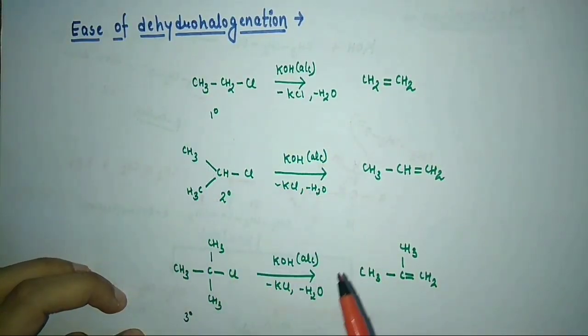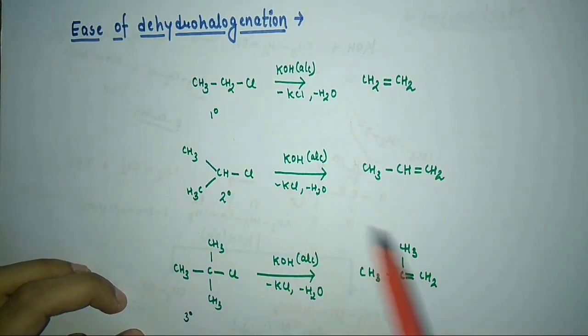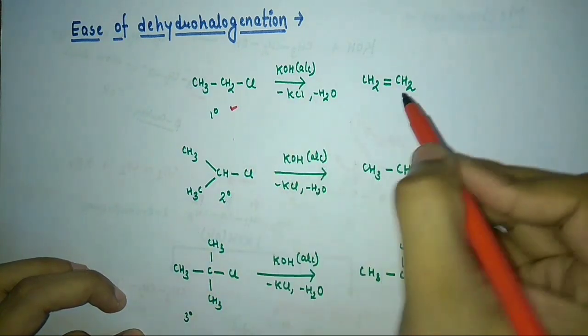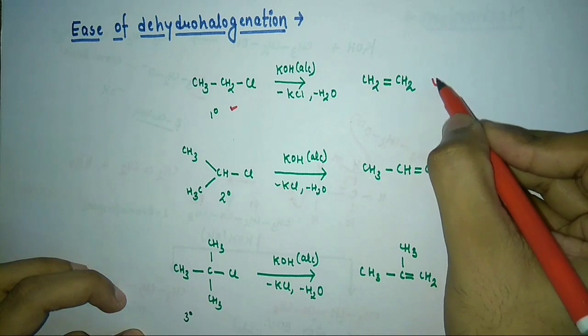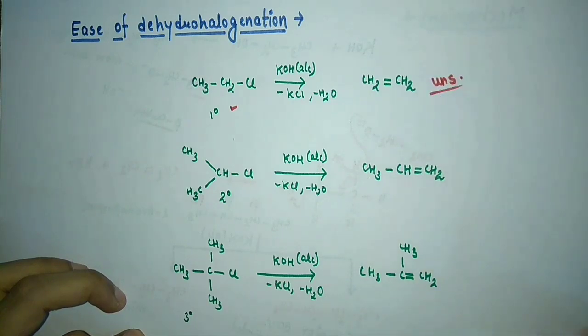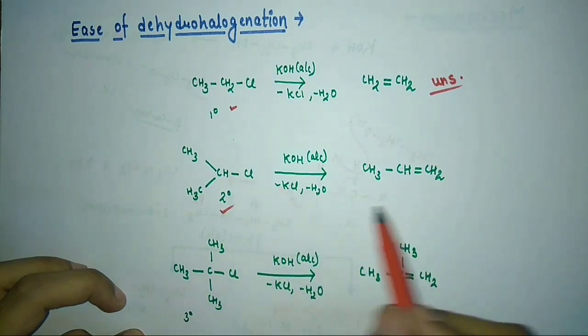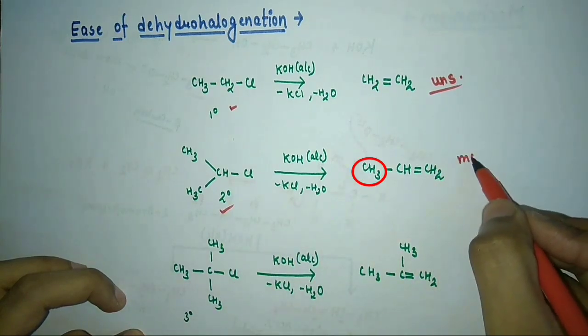Now if we talk about the ease of dehydrohalogenation, for a 1 degree alkyl halide the product alkene will be unsubstituted. For a secondary alkyl halide, the product alkene will be monosubstituted.